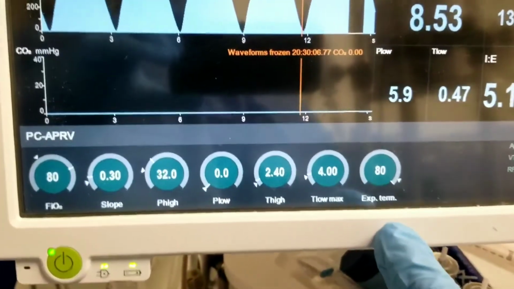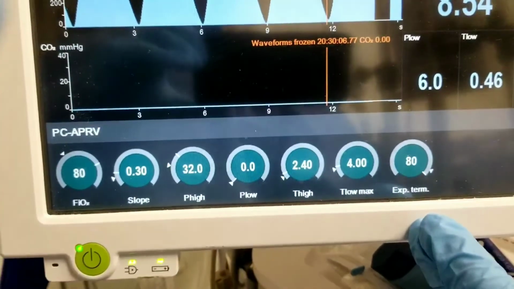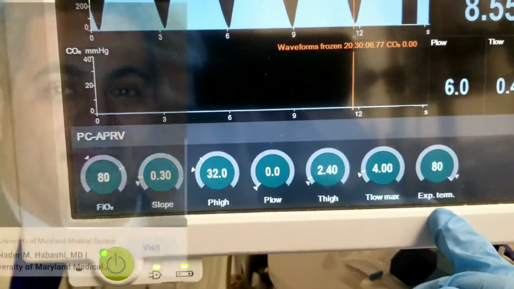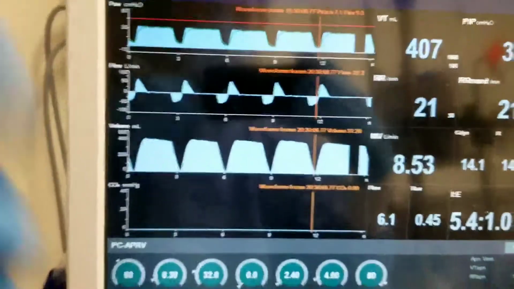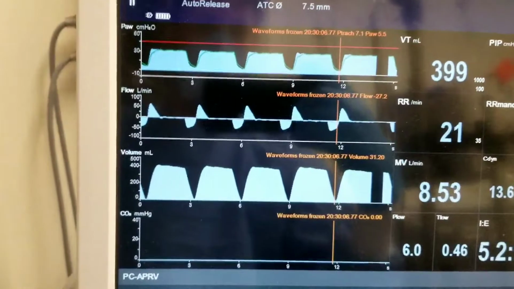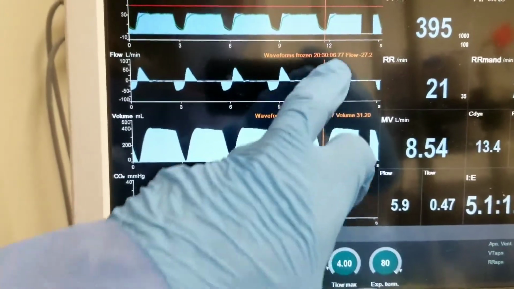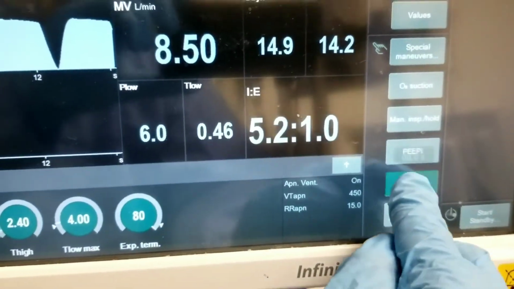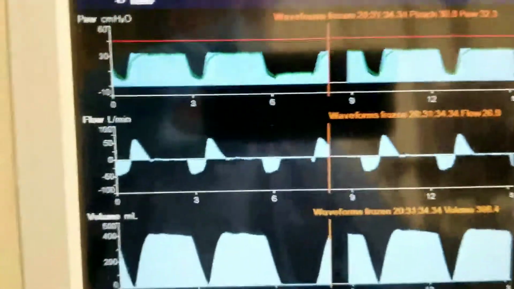Now 75%, there's evidence, especially the research done by Dr. Nadir, 75% usually has optimal recruitment. I've also realized that when I do a PEEP study on AC-PC, where I'm using the Phigh as the PC setting, and I'm doing the optimal PEEP study, often the measured P low, again, remember, we do an expiratory pause, and we look at that plateau, and then we freeze the waveform.